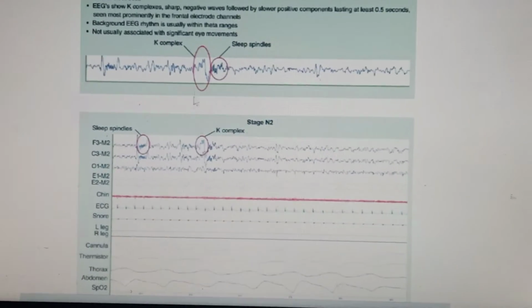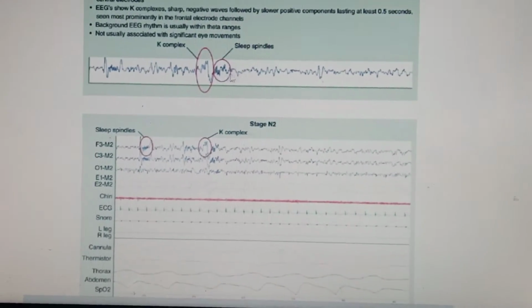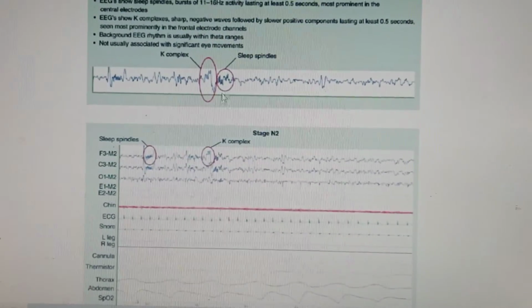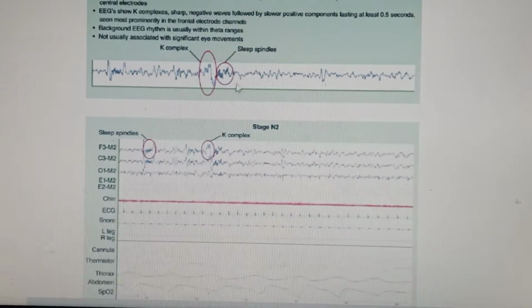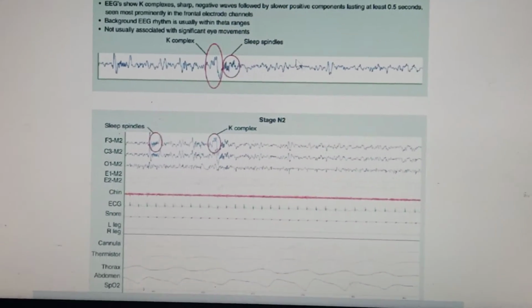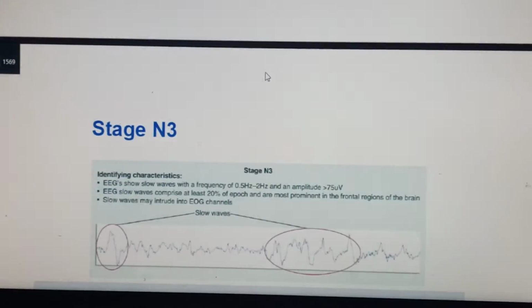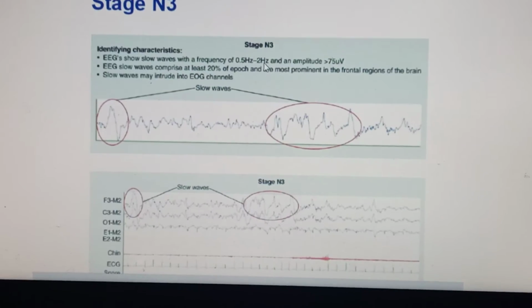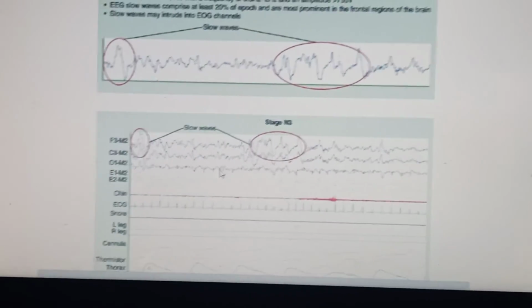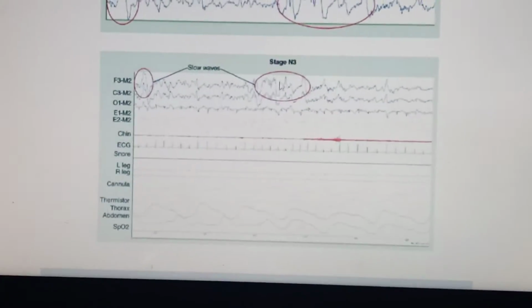Okay, so look, these are sleep spindles which are usually 11 to 16 hertz, mostly seen in central leads, and the minimum duration of these sleep spindles is 0.5 second. Now if you move to this epoch, you will see these are slow waves.